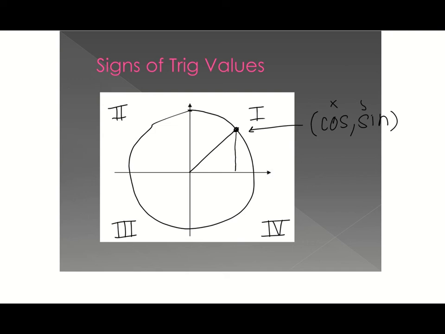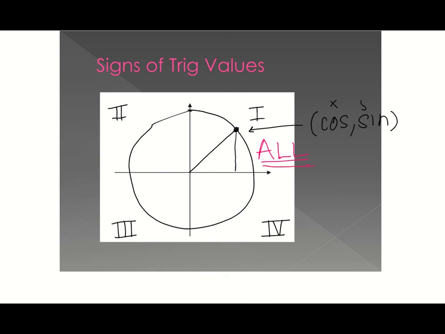Now, we know that in each quadrant, some x values are positive, some are negative. So what I'm getting at here is that in quadrant 1, everything's positive because your x values are positive, your y values are positive. So all trig functions are going to be positive.